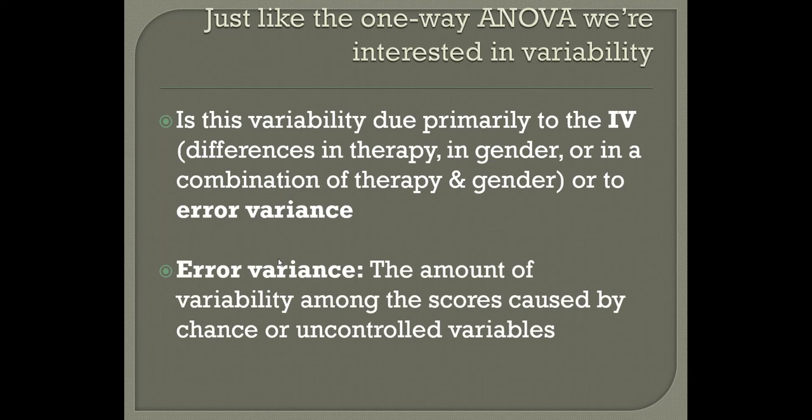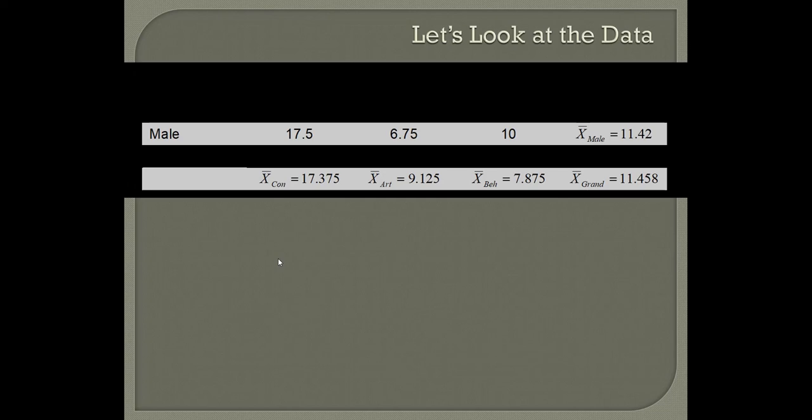So basically the error variance is the amount of variability among the scores caused by chance or uncontrolled variables, and we detect this by looking at variability within groups, whereas for effect variance we look at variability between groups.